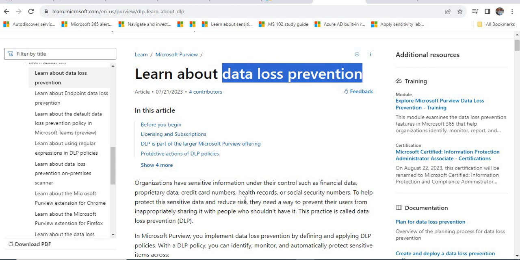It means that if you have any confidential data, like financial data, credit card numbers, health records, personal numbers, Aadhaar card numbers, or PAN card numbers, these are confidential data. These are the personal data of the customers or clients of any person which you have.